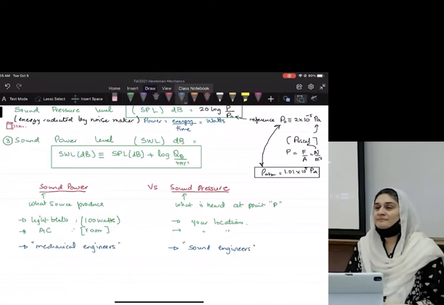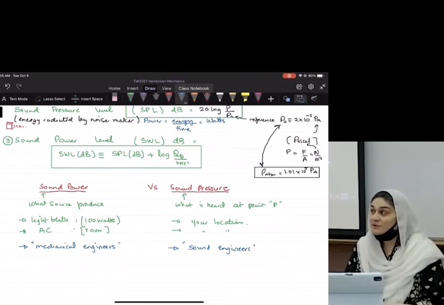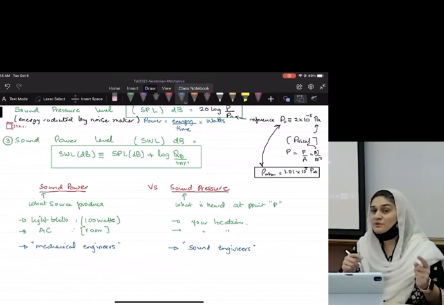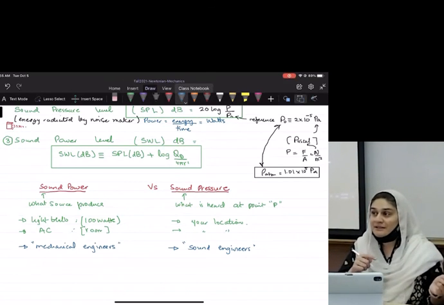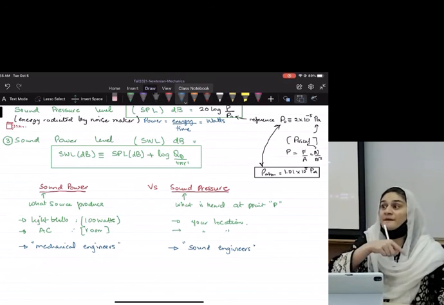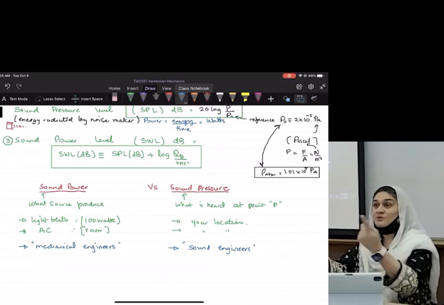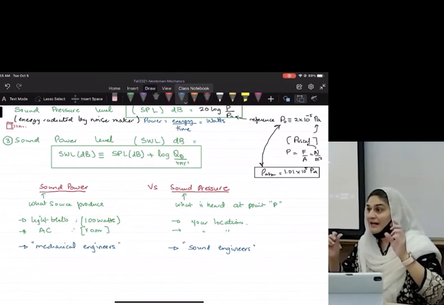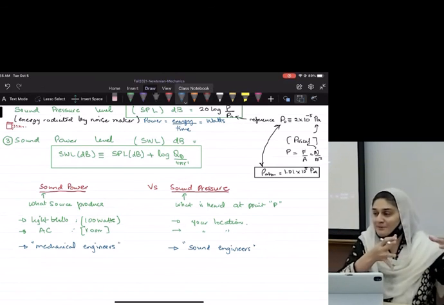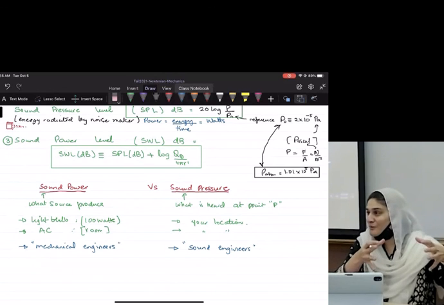Sound engineers. Two very different fields. Both of them want to reduce the effect, right? But each of them will reduce it differently. Mechanical engineers will work directly with the machine, whereas sound engineers will work with the acoustics of the room, right? How do I lessen this problem that the mechanical engineers have created for me?